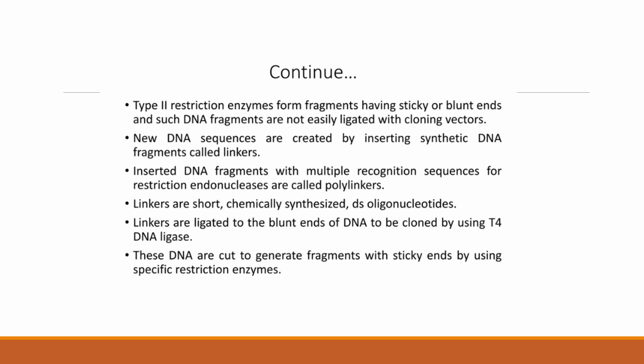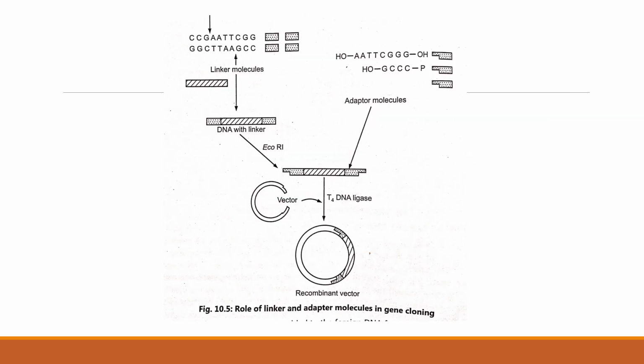Here you can see the linkers consist of chemically synthesized oligonucleotide strands with blunt ends. These blunt-ended linkers will be attached to both ends of the target DNA, and then they are cut with the EcoR1 enzyme, and then it can be inserted into the vector DNA.